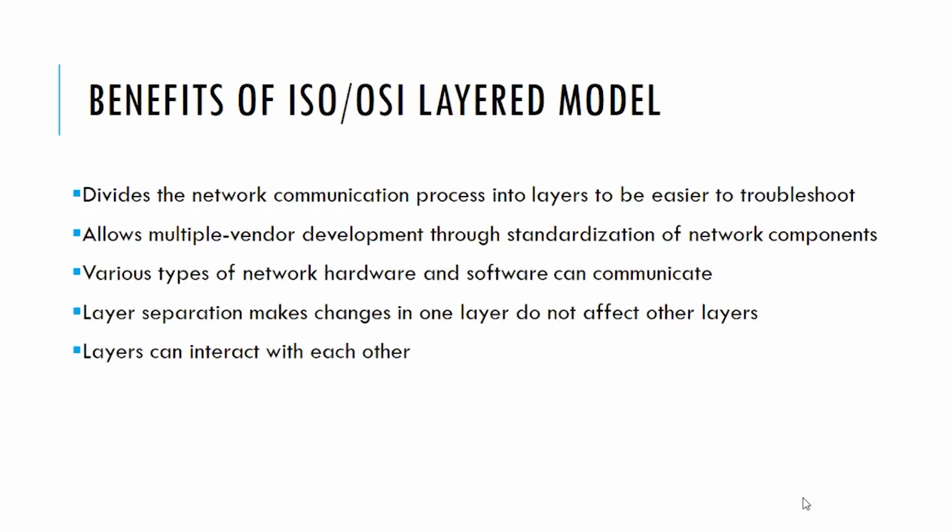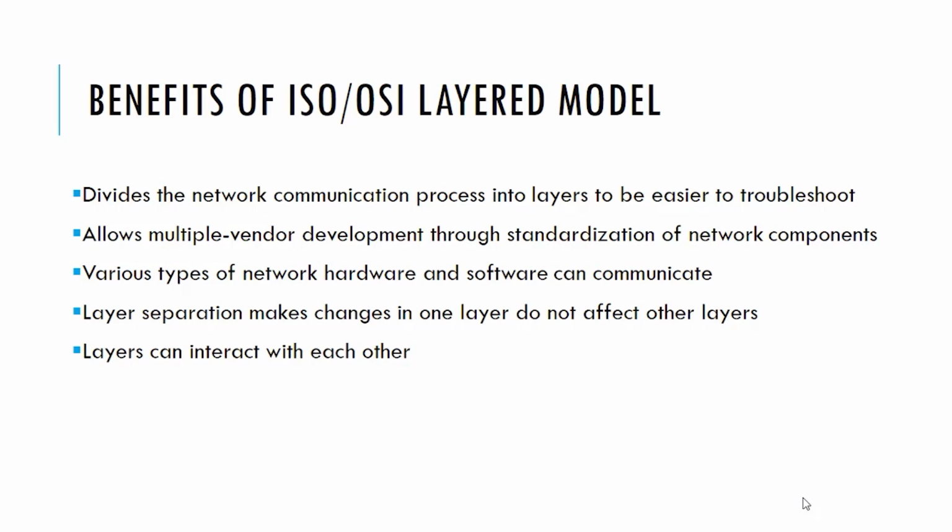The benefits of dividing this model into layers are many. Dividing the network communication process into layers allows for easier troubleshooting, easier design, and easier specification for each layer set inside this model. It allows multiple vendors to build their products, either software or hardware, based on the same standard model that is called the OSI.